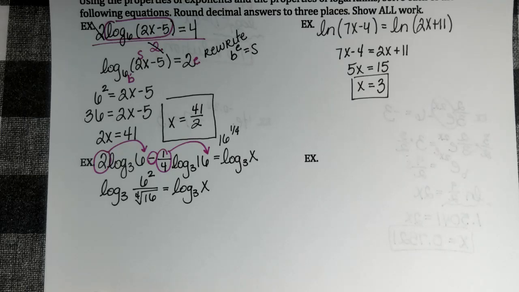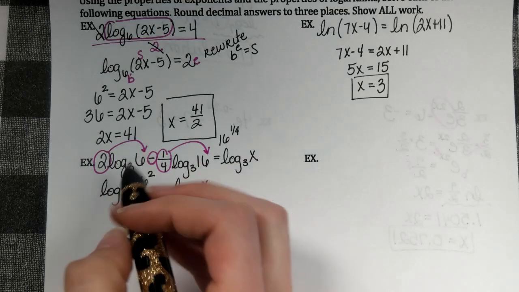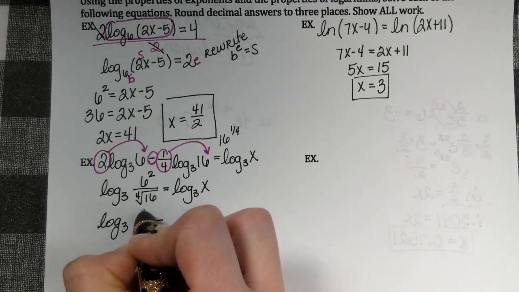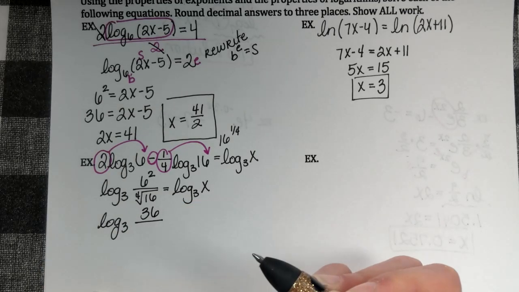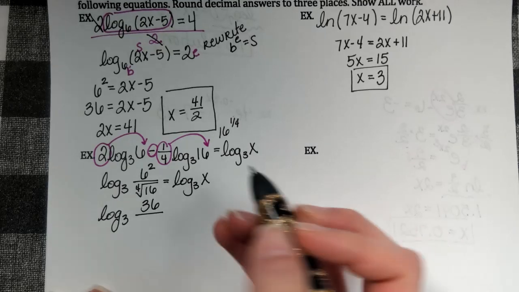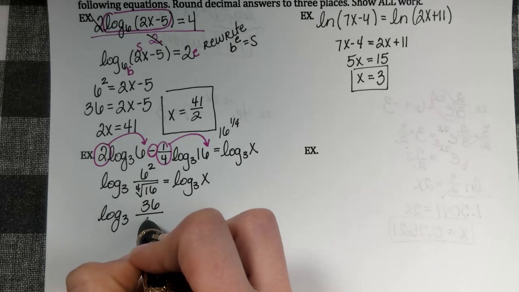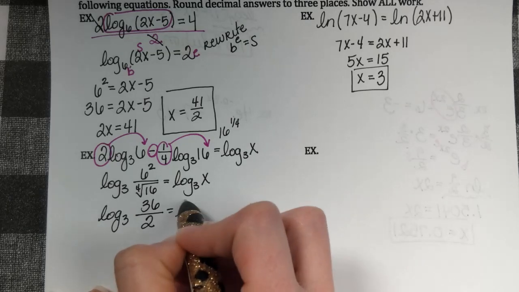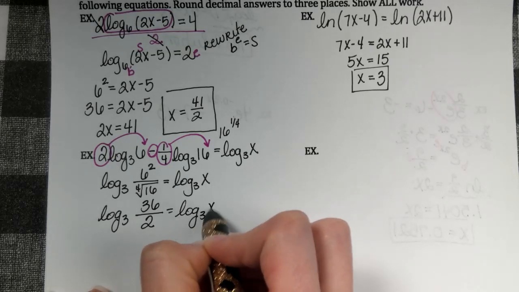And that's equal to log base 3 of x. So 6 squared is 36. What's the 4th root of 16? Should be 2. And that is equal to log base 3 of x.